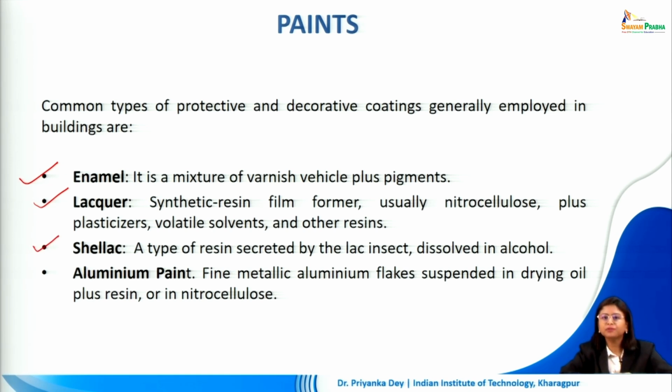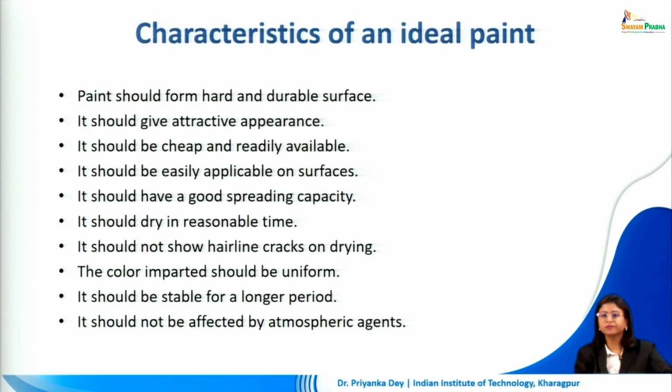Shellac is a type of resin which is secreted by the lac insect and that is dissolved in alcohol to create this type of protective or decorative coating. Aluminium paints are fine metallic aluminium flakes suspended in drying oil plus resin or in nitrocellulose. So these were some of the common types of decorative finishes that we use in our buildings.